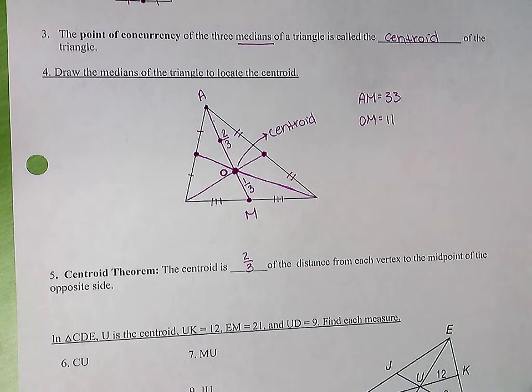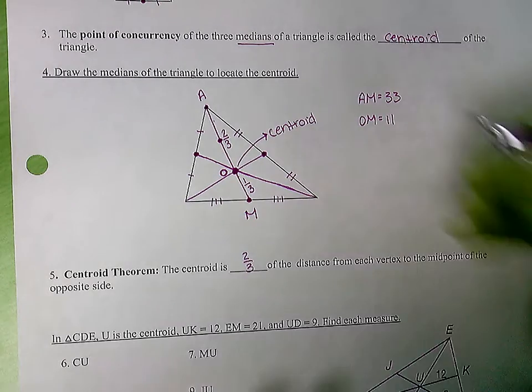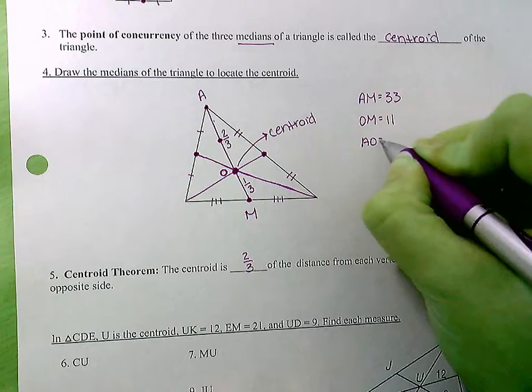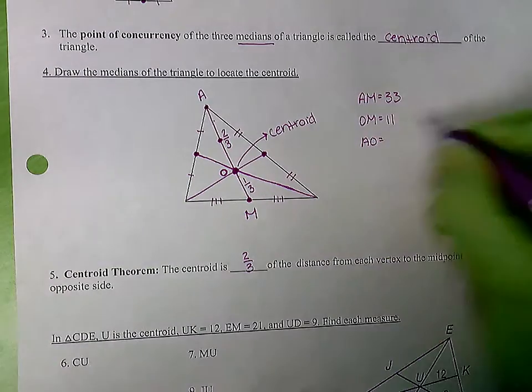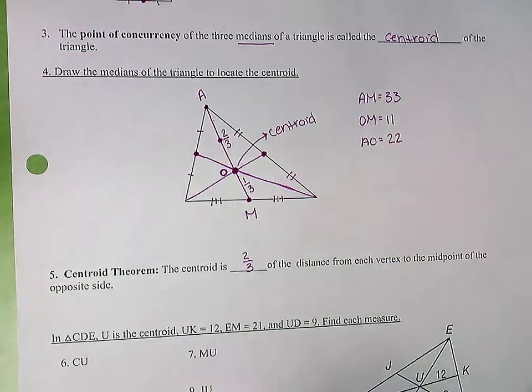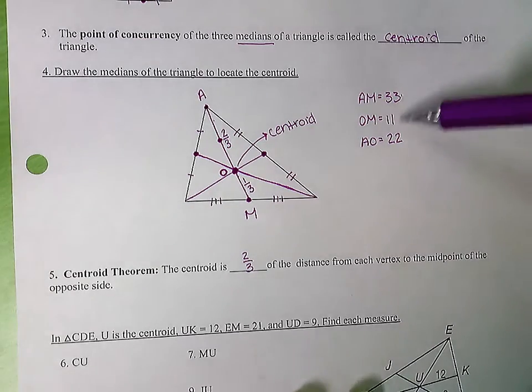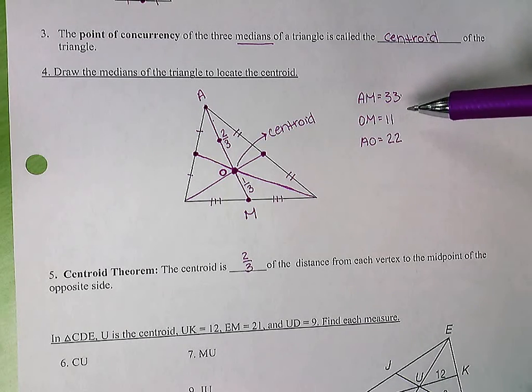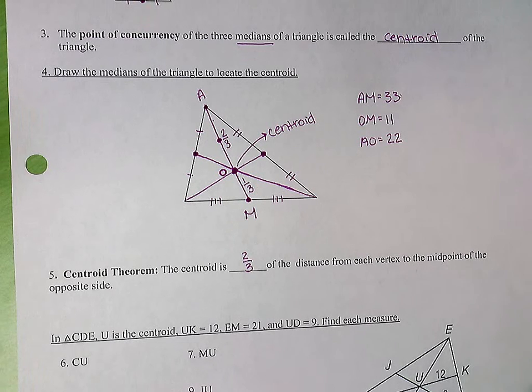Okay, so since OM is 1/3 of the entire segment, you could divide it by 3 to get that one section. Now, what would AO be? 22. Okay, so you could either take that one section OM and multiply it by 2, or you knew that the entire thing was 33 and one section was 11, so you could subtract it from each other to get 22.